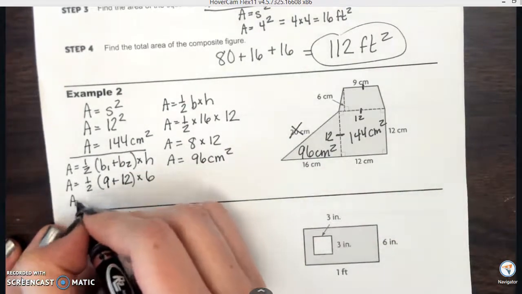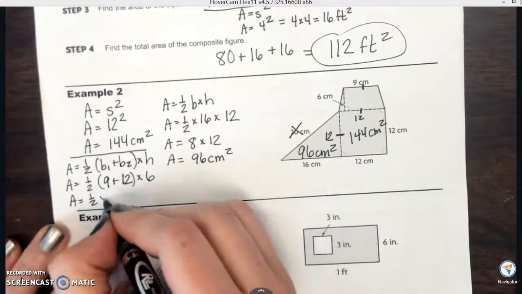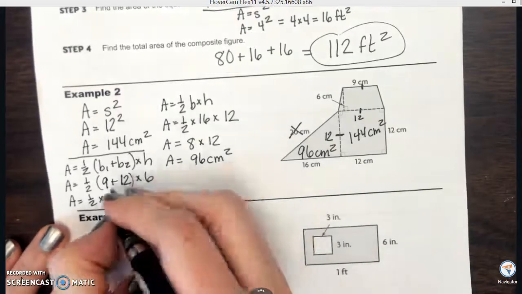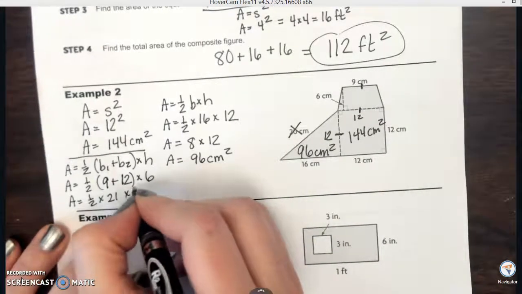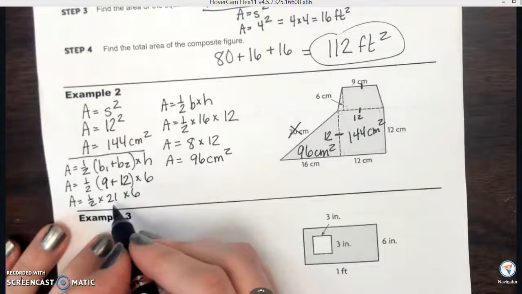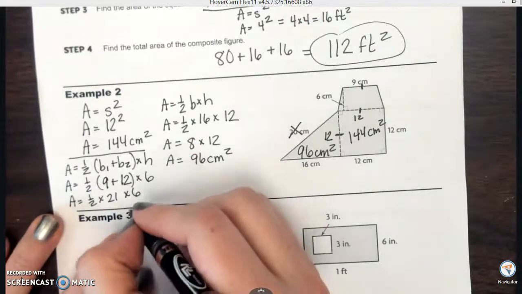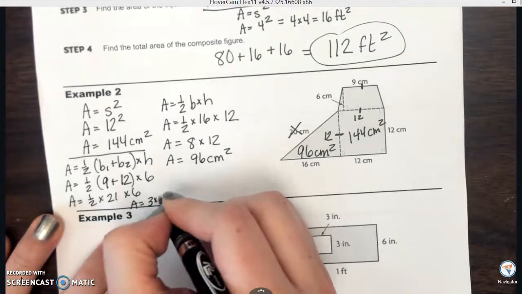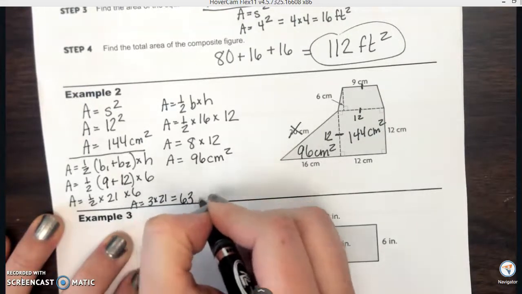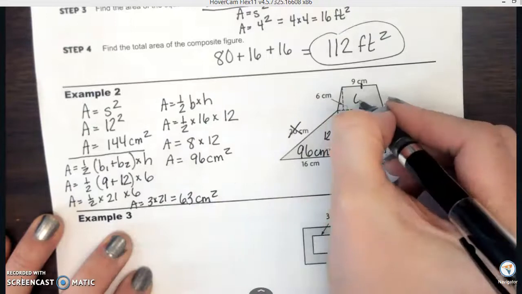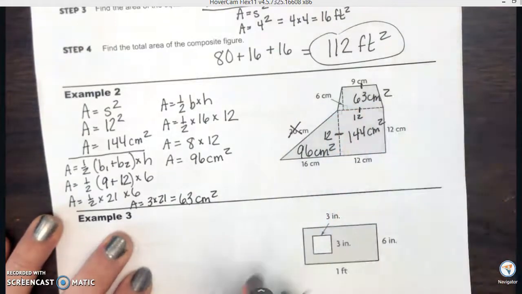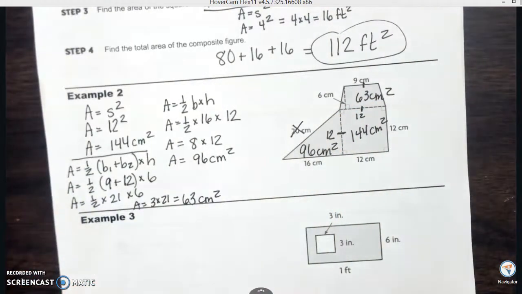So let's go ahead and do the parentheses first. So 9 and 12 is 21 times 6. Instead of halving, I could half 21, but I'm going to say half of 6 is 3. And 3 times 21 is 63 square centimeters, or centimeters squared.